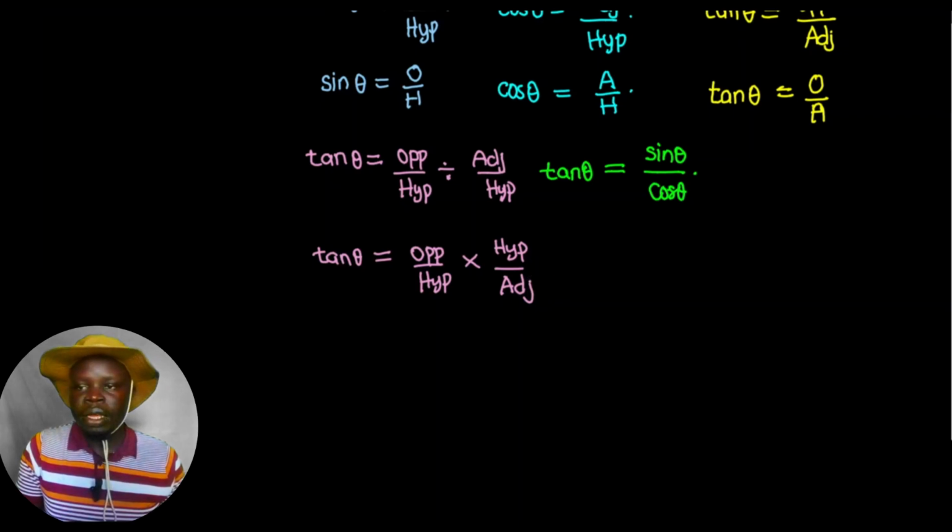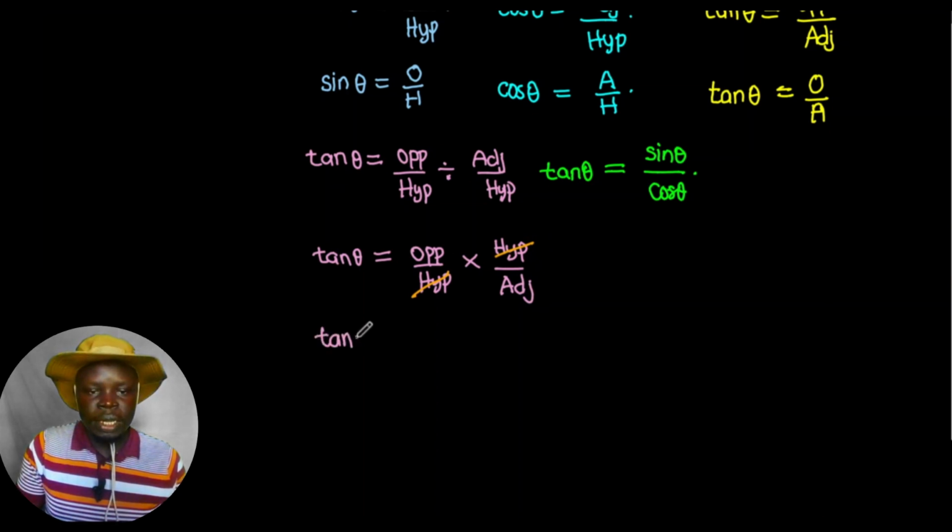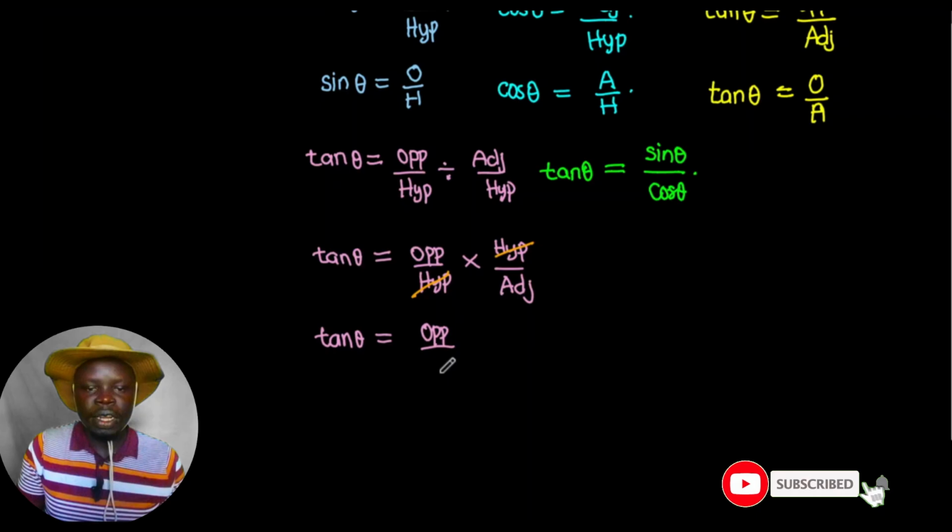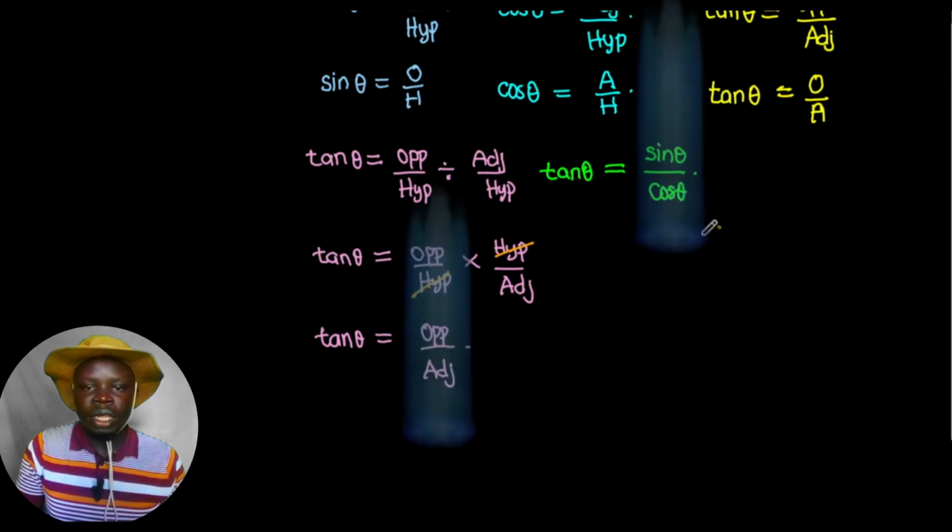So from here we can see that hypotenuse is common, we can cancel it out, and therefore tangent of that angle theta is given by the remaining part, which is opposite over adjacent. So this becomes what we have just gotten earlier on.